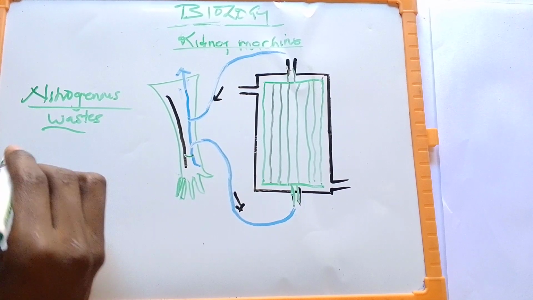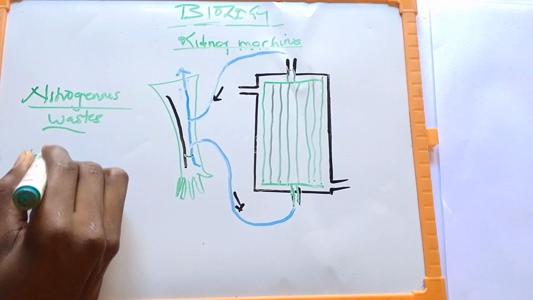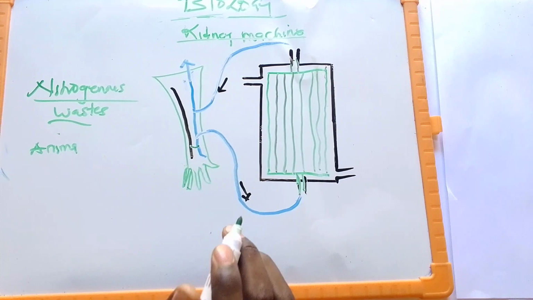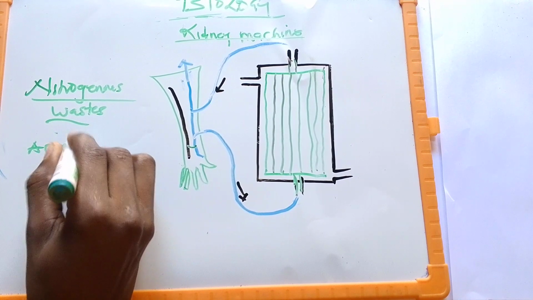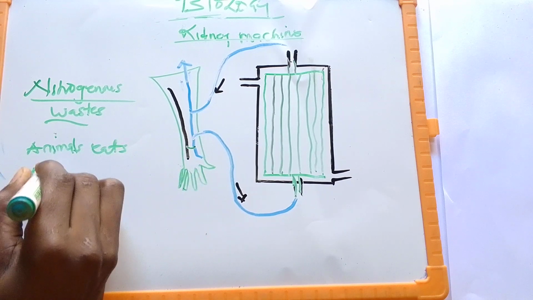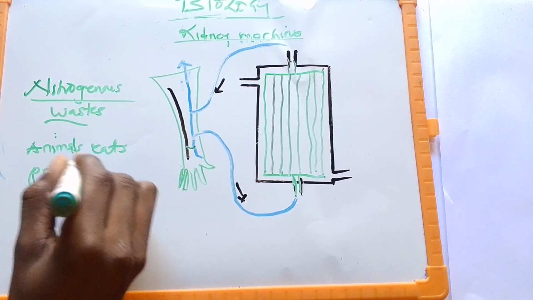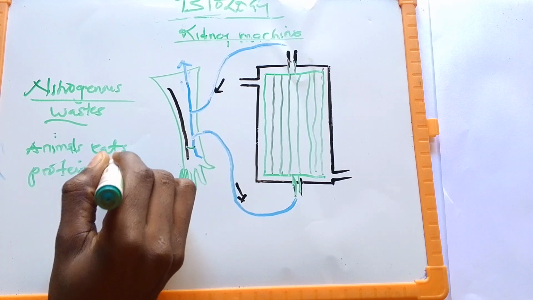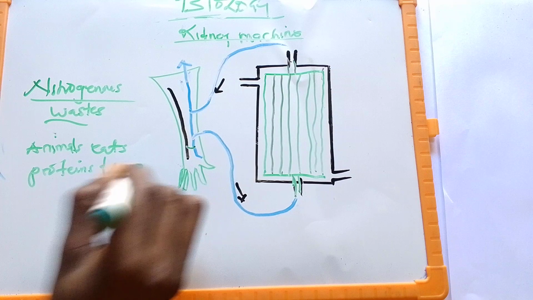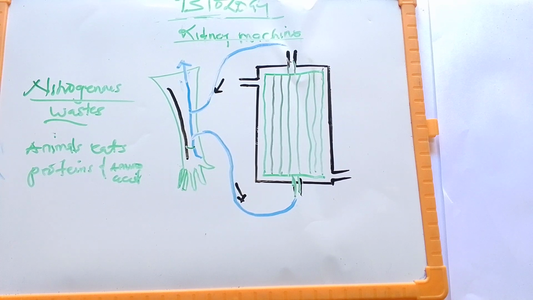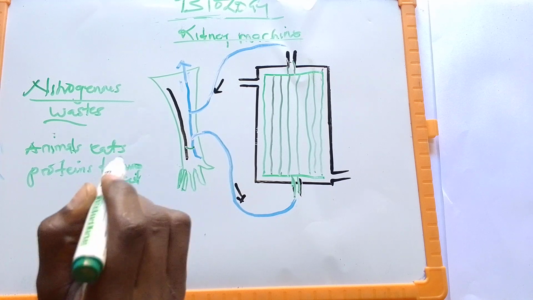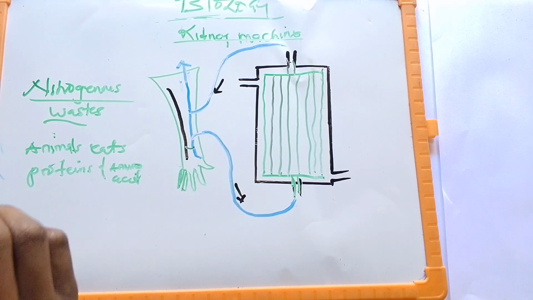Now we need to understand that when animals eat proteins as well as amino acids in the food substances, this animal will use these proteins and amino acids according to its need.